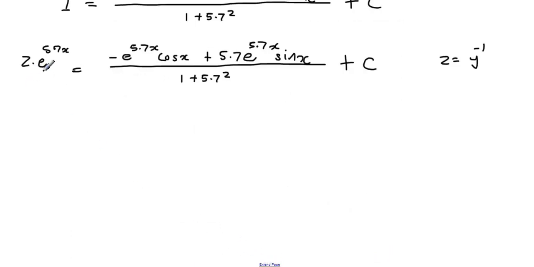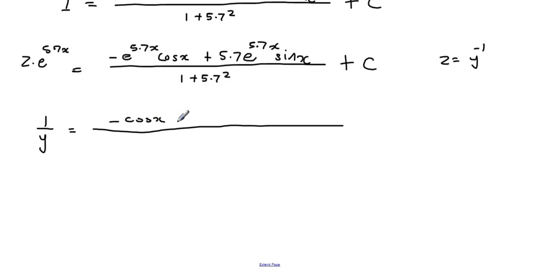So we can write this as 1 over y, and divide this side by e to the power 5.7x, and then we get minus cos x plus 5.7 sine x over 1 plus 5.7 squared plus c times e to the power minus 5.7x. This is what we've got here.